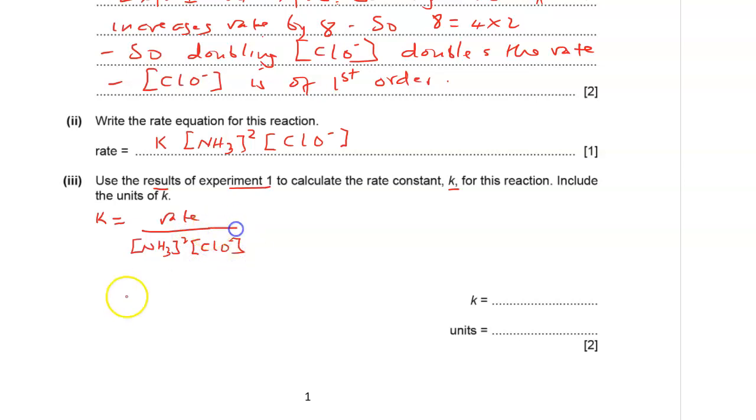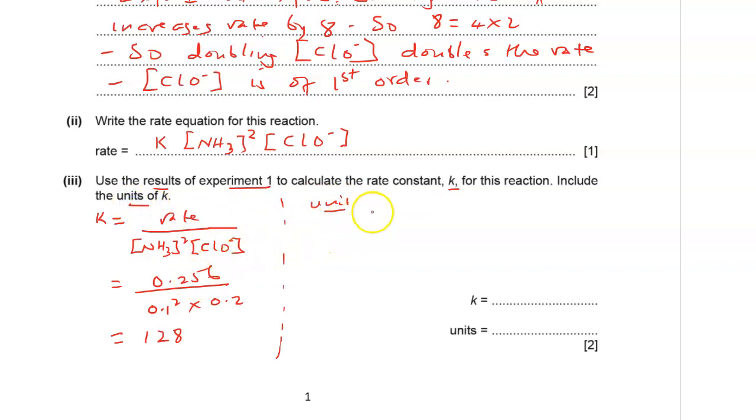Therefore, here we have rate is 0.256, concentration of ammonium is 0.1, you square that, times the concentration of chlorite, which is 0.2. Therefore, what we get is 128 right there. So we are using experiment 1. So here we need to get the units of k.